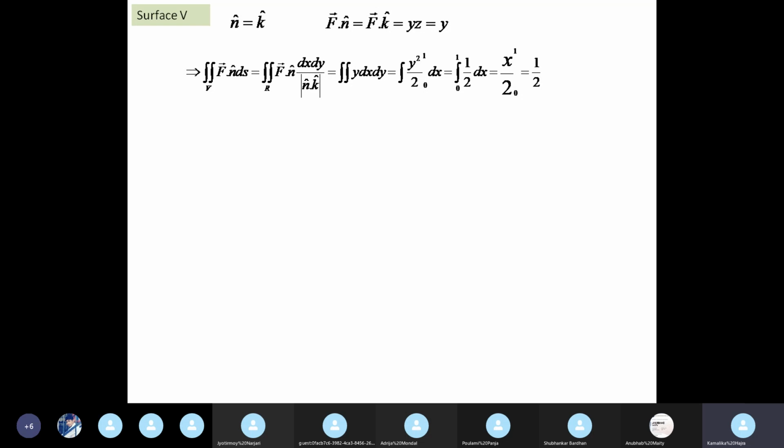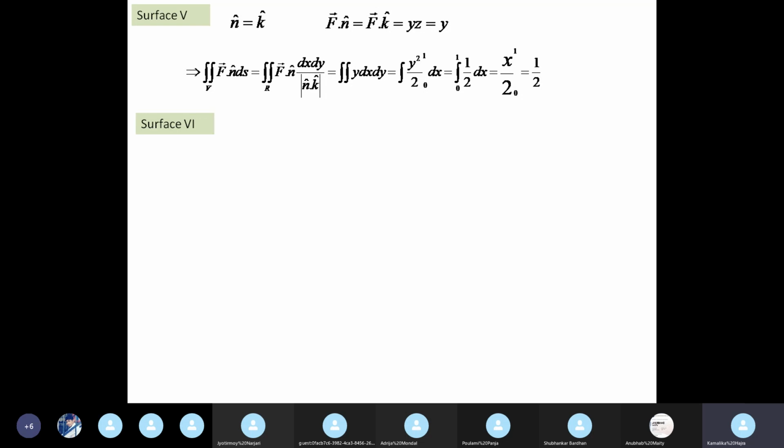Surface integral f dot n cap dx dy by n cap dot k cap, so f dot n cap is y. This denominator is 1, so integration y dx dy. So you will get y squared by 2, from 0 to 1, dx. So half dx. So x by 2, from 0 to 1. So result is half. Okay. So for the fifth surface, the value of the integration is half.